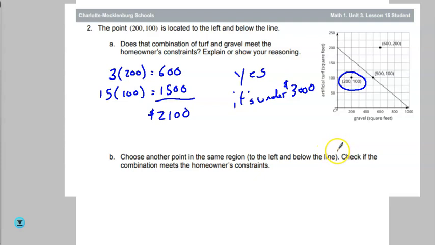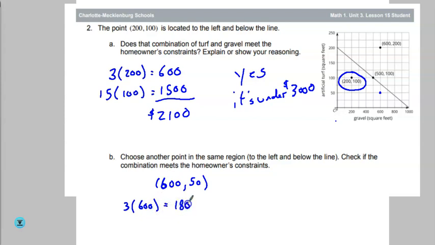So I think we're talking about picking a point under the line. 650. I'm going to do this one. That would be under the line, right? Like I said, you could do whatever one you wanted that was below that line, but 650. So that means $3 for the 600 square feet of gravel.